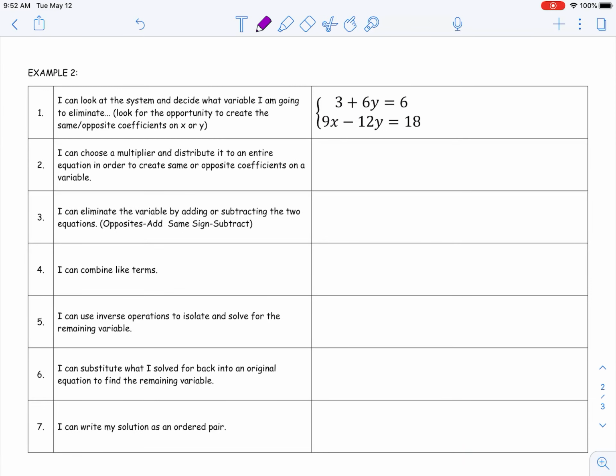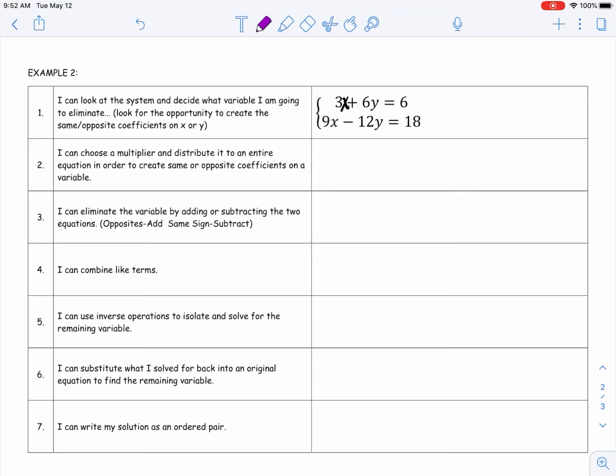Let's take a look at one more example. Looks like I actually missed a little x in here, so that should actually be 3x plus 6y equals 6. So we have this system, and again, we do not have the same coefficients on x or y, so we have to make that happen.